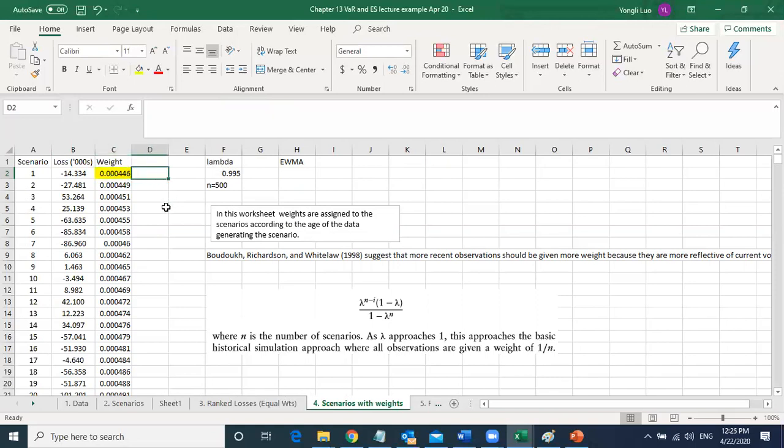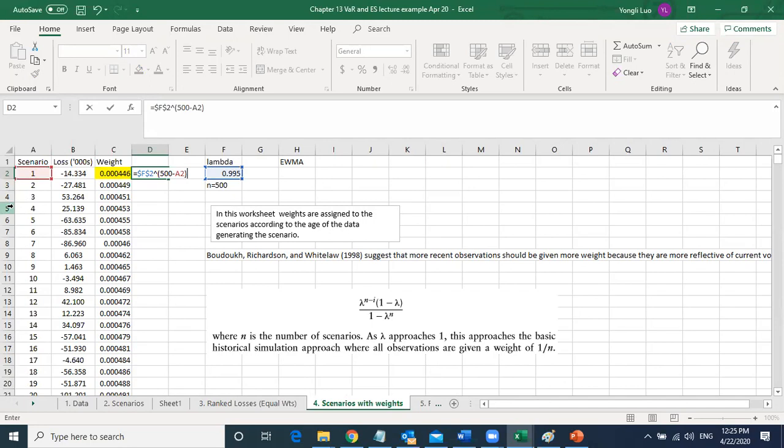So how do you get the weight? The weight is equal to lambda. Remember you have to fix the lambda by pressing F4. It is raised to the power of 500 minus the observation number, so for the first one, 500 minus 1.